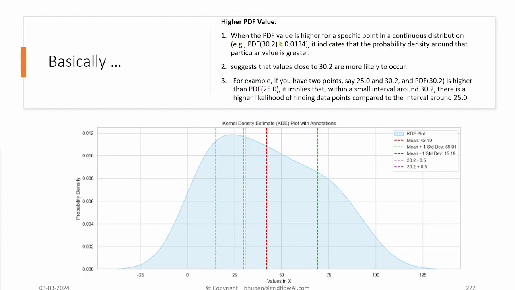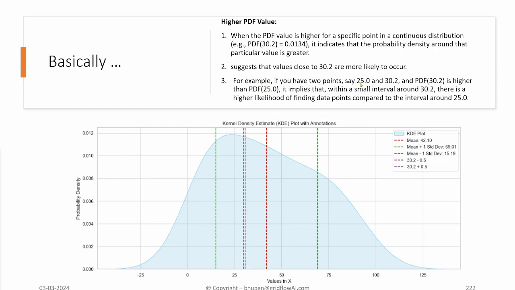So basically, the PDF value is higher for a specific point in a continuous distribution. For example, here 30.2, it indicates that the probability density, not the probability, but probability density around that point is relatively higher compared to other values. So that suggests that the values close to 30.2 are more likely to occur in the data series.